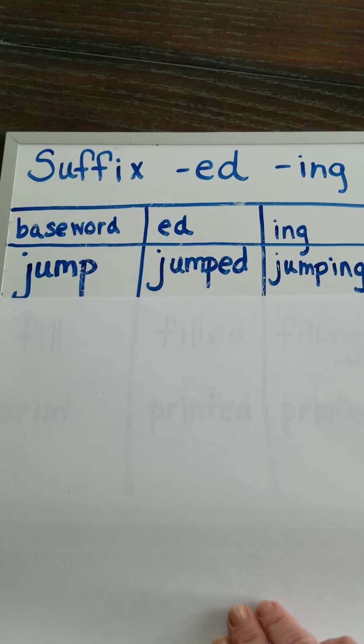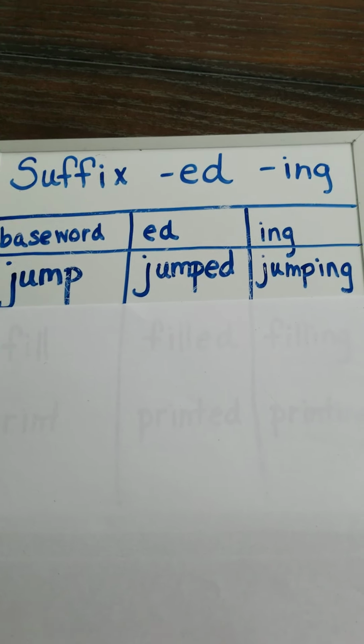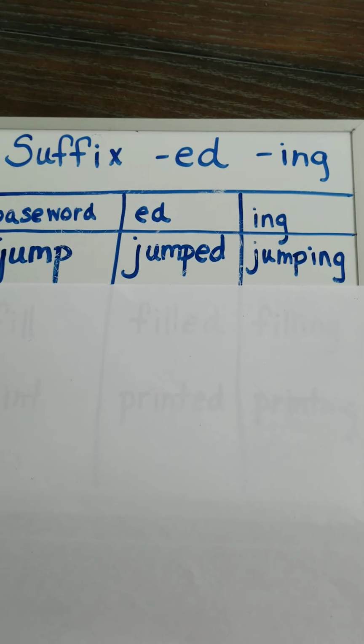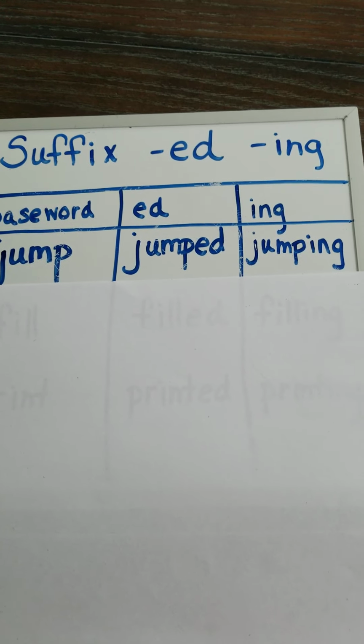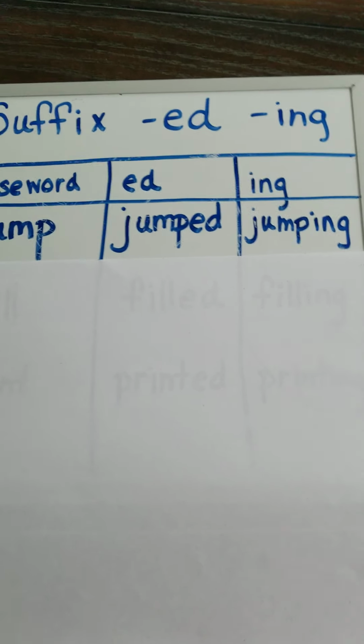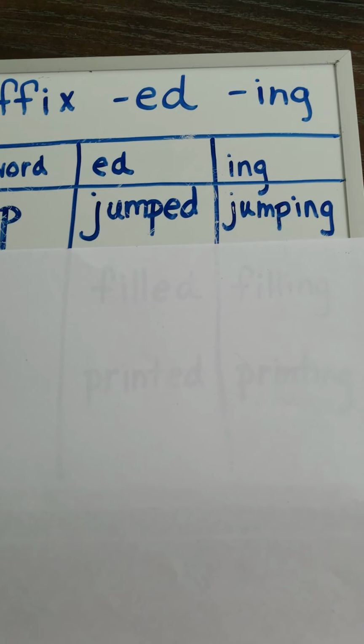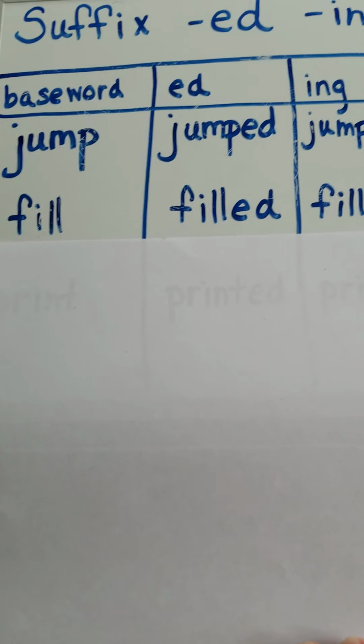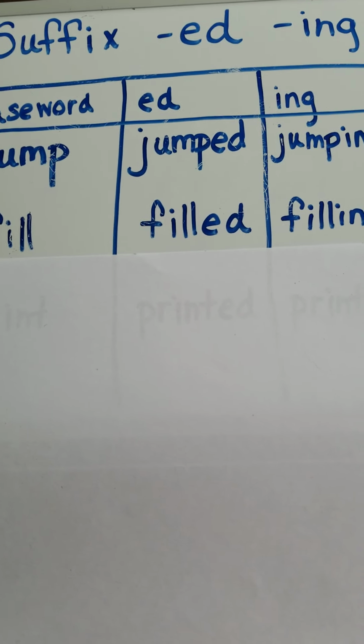Here I have my base word jump. If I add ed to the base word jump, my word now becomes jumped. If I add ing to my base word jump, the new word is jumping. Another couple of examples. If I have the base word fill and add the suffix ed, the word now becomes filled.